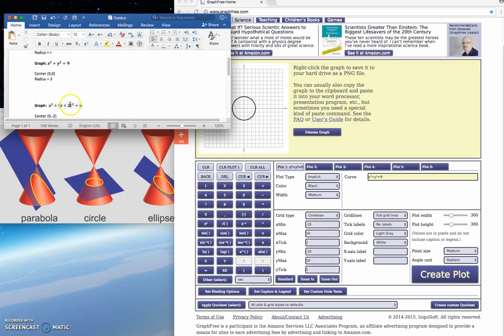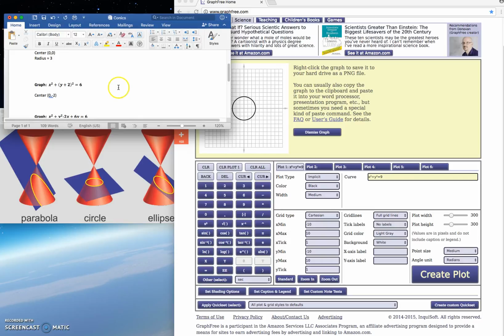They just take this plus 2 as the y coordinate. Look at the formula: I have a negative h, but my center's at h, and a negative k, but it's at k. Think of the negative sign as meaning the opposite of what you see. The opposite of a positive 2 is a negative 2. So our center is going to be at 0, negative 2.